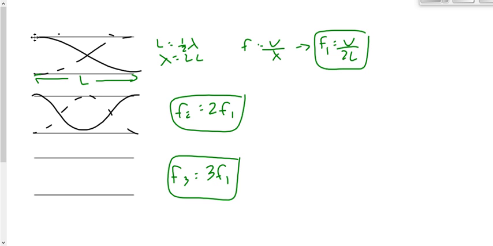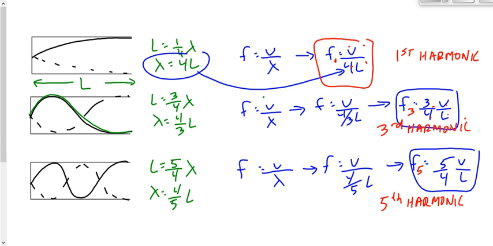If you get a situation where the ends are different, one end is closed and one end is open, like you get in the water bottle or most air or wind instruments, then the first harmonic is V over 4L, and there is no second, and then the third, and there is no fourth, and then the fifth, and so on. Regardless of the situation, though, remember, always go through the first harmonic. If you've got the seventh, get the first, and then do what you need to do. If you want to find the fifth, get the first, and then multiply it by 5. It doesn't matter how you get the first. It's a little bit different between these. Does that make sense?